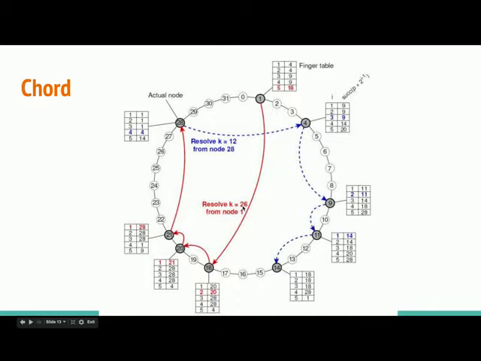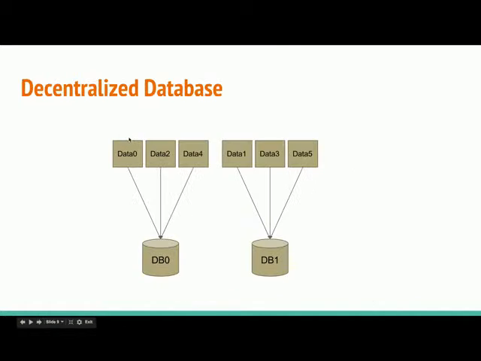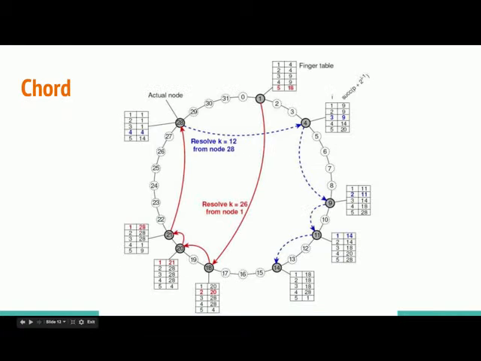So let's see one more example. All right, so people come to 28 to ask for 12. 28 is going to find in its table the largest node that's before that value.